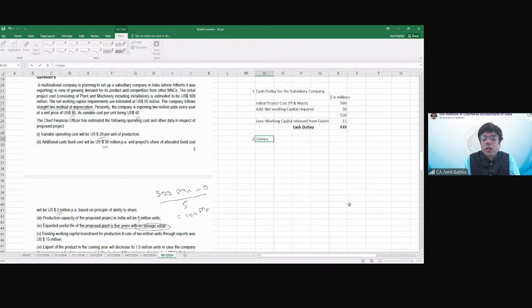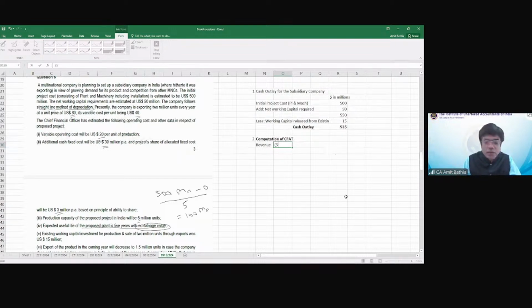Second is the computation of cash flow after tax. So how do I go about computing my cash flow after tax? What is the information given to me? First is going to be my revenue. What is going to be my revenue? I am told I will be selling 5 million units. Production will be 5 million units and my unit price is $80.